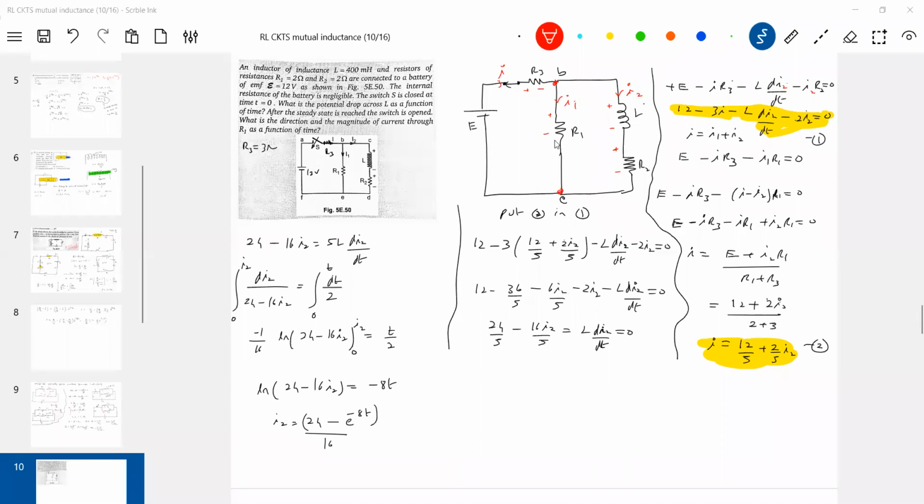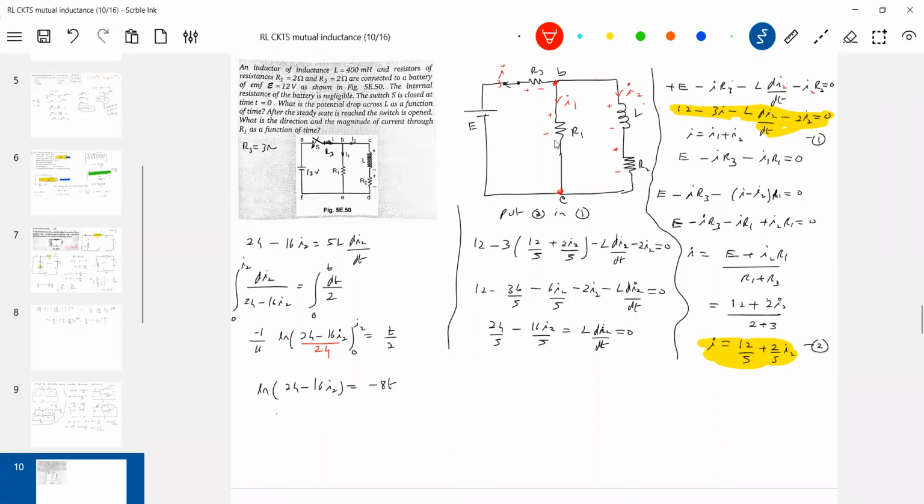I'll take 24. One more 24 will come here, no? By 24. Okay, I'll do the correction.